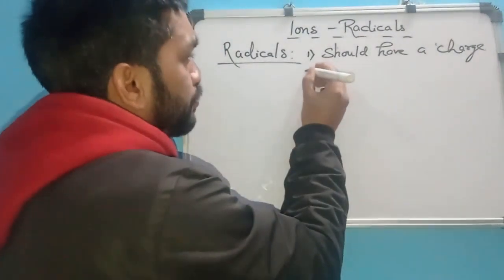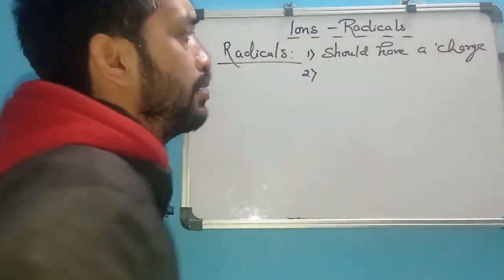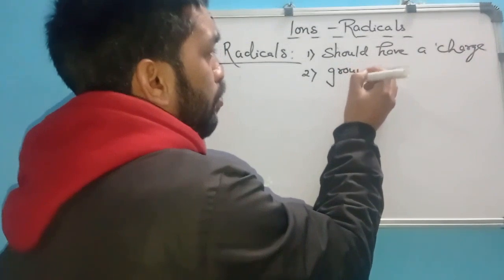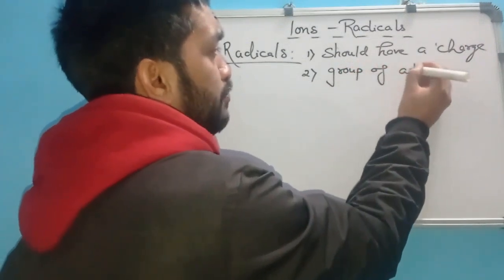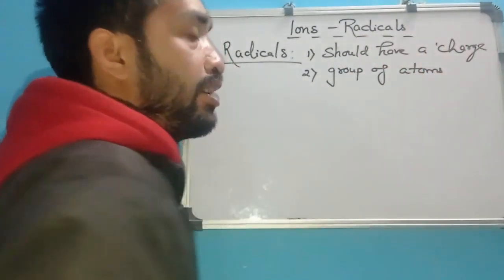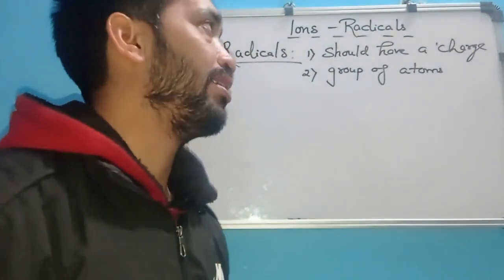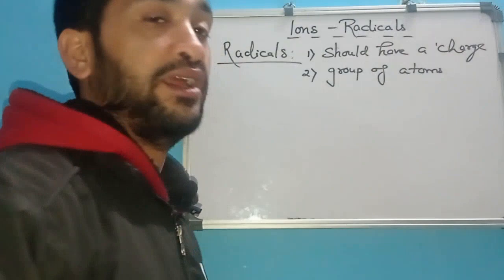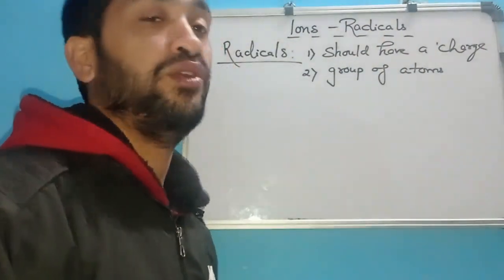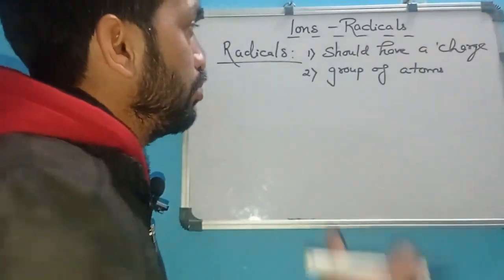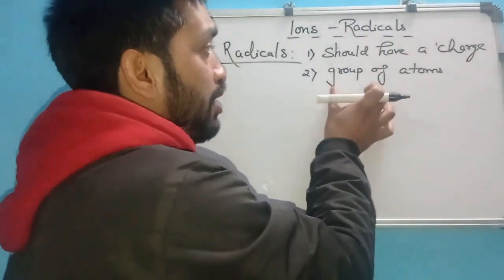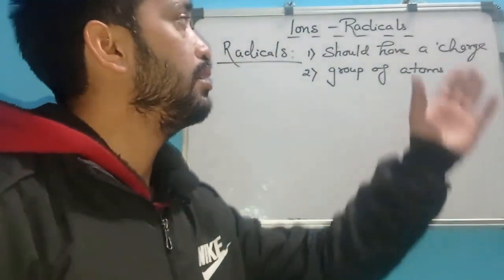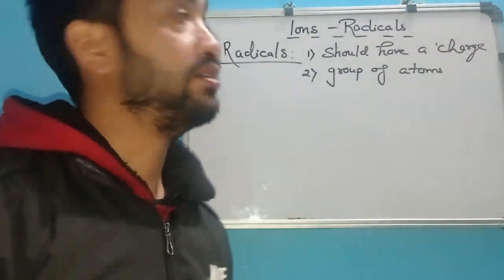Second one, it should be a group of atoms. If it is a single element, then do not categorize it as radical. Then it will be either anion or cation. If there is no charge, then it will be a neutral element. So for radical, it should be a group of atoms. That is a compulsory condition, just like it should compulsorily have a charge.